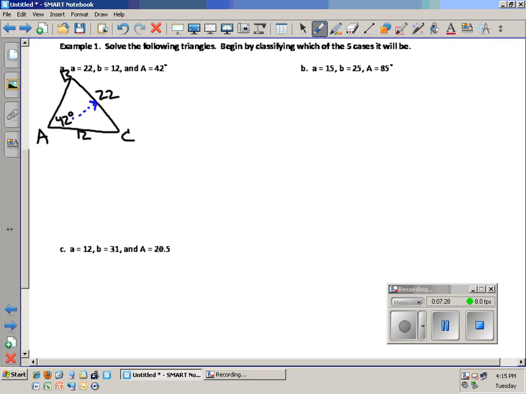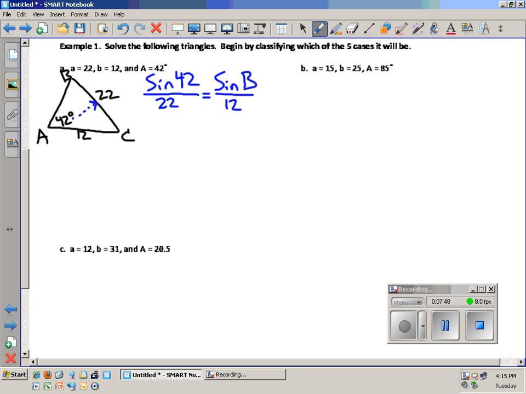So I set it up. Sine of 42 over 22 is equal to the sine of B over 12. Notice the difference here. We're solving for an angle.